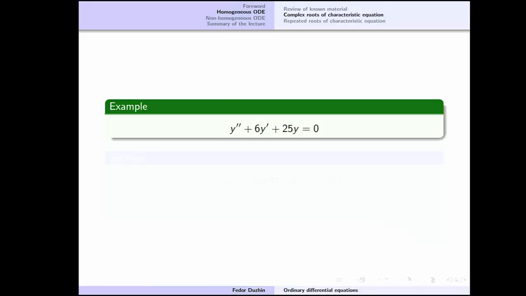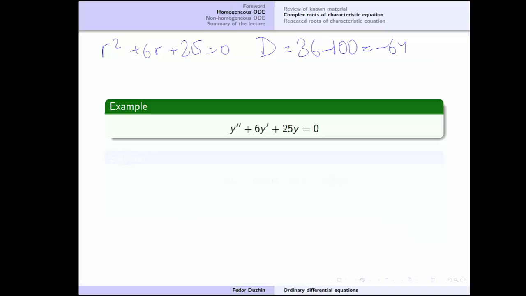Okay, so let me write down the characteristic equation here: r squared plus 6r plus 25 is 0. Right, so the discriminant here is b squared, which is 36, minus 4ac, so minus 100, which is negative 64.